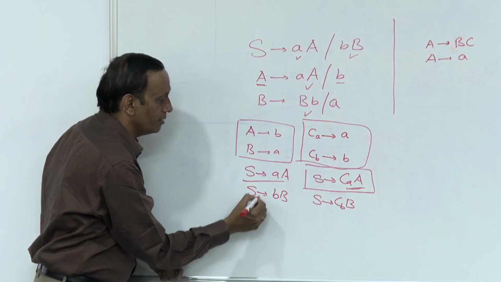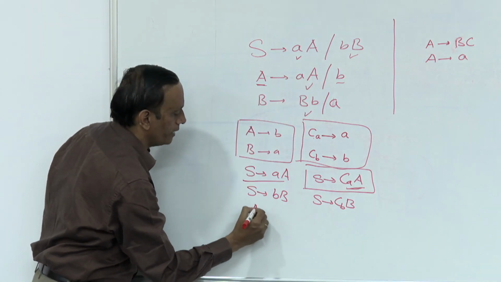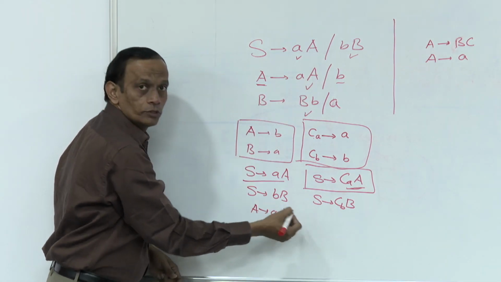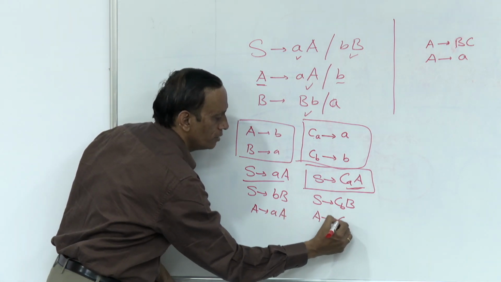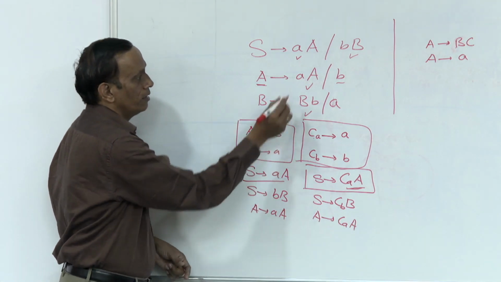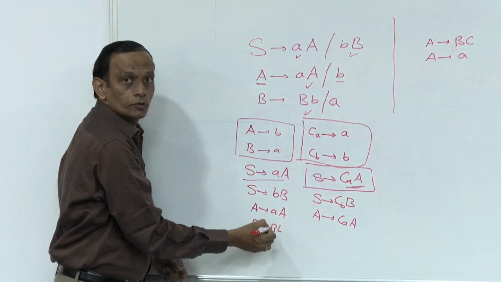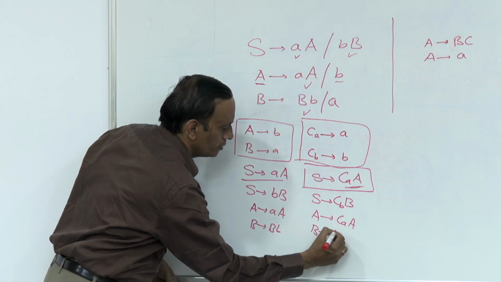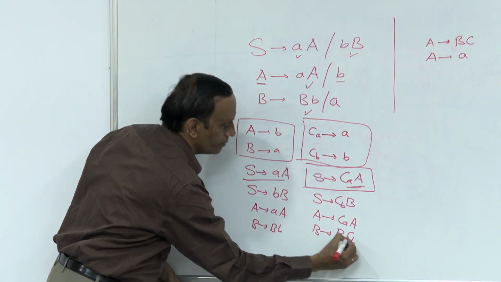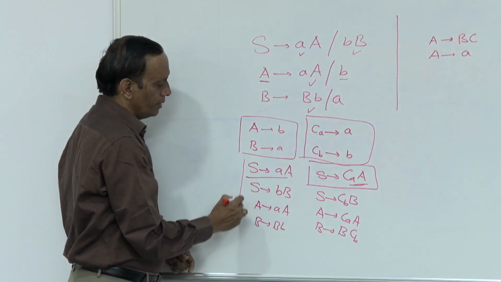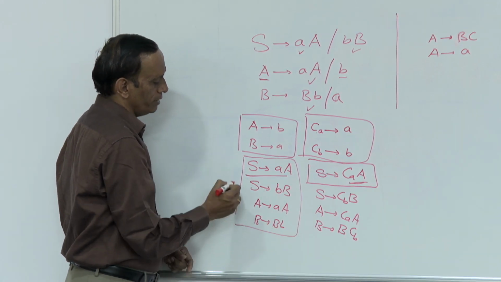On similar lines, if I take the next one like A gives AA, this would be written as A gives CAA. Now if I see the next production, B gives BB, this would be written as B gives CBCB. So ultimately, from the given grammar, these were not in the required form.